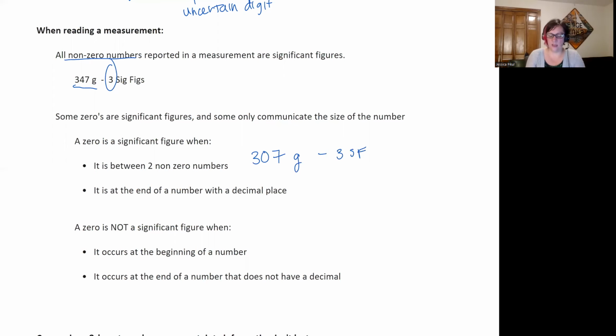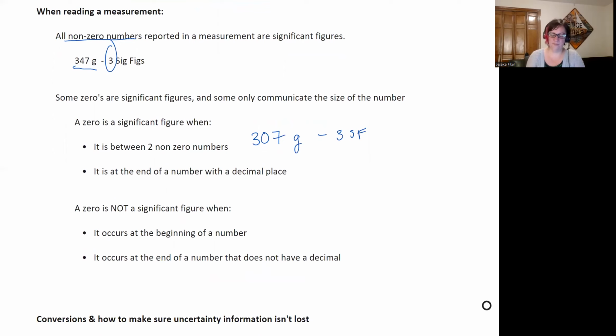So let's say it was 3.470. In this case, because this 0 comes after a non-zero number and there's a decimal involved, it's a significant figure. It was part of the measurement, and it tells us something about the precision of the device. So this one right here is 4 significant figures.